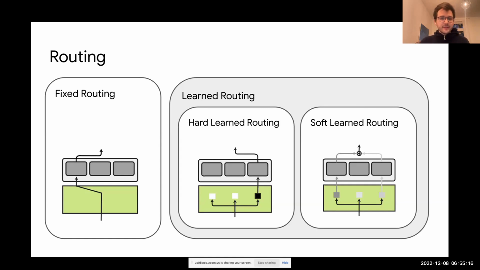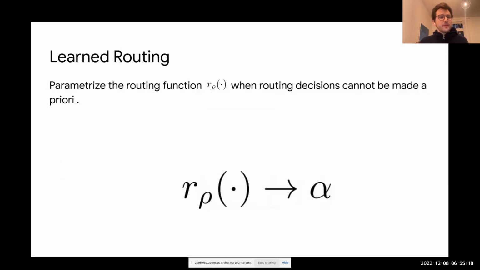relaxes that slightly. So the learned routing in general parameterizes the routing function, which is again very interesting if we do not want to make this routing decision a priori. So the parameterized router actually has the capacity to learn from the data.